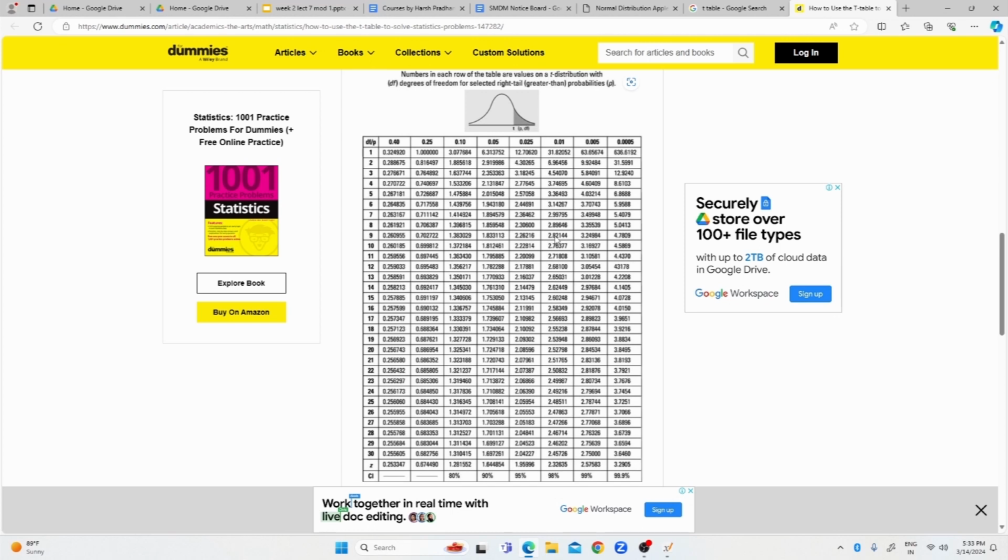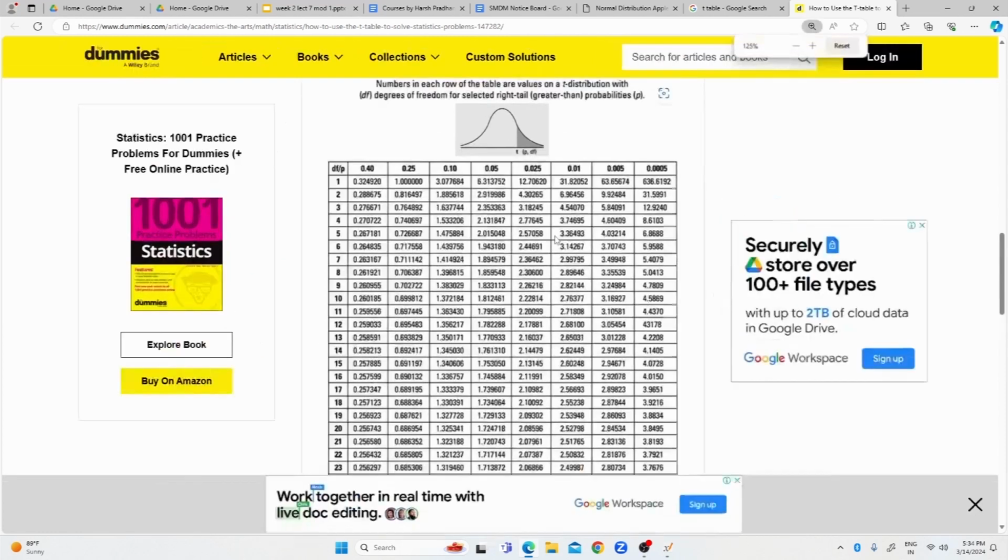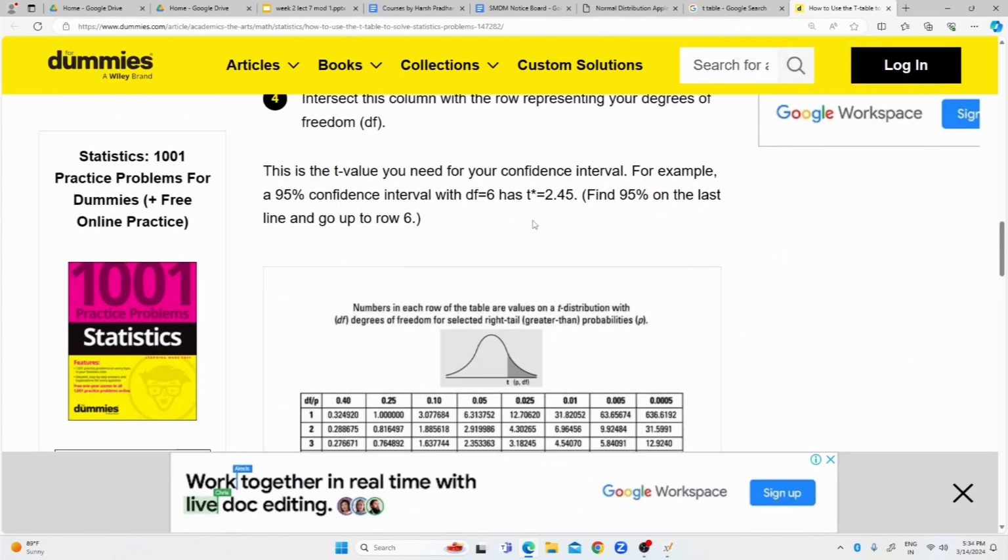Now in the t table, we have degree of freedom in the first column and the alpha level at the top row or the header. So please see that first of all. I will zoom in.